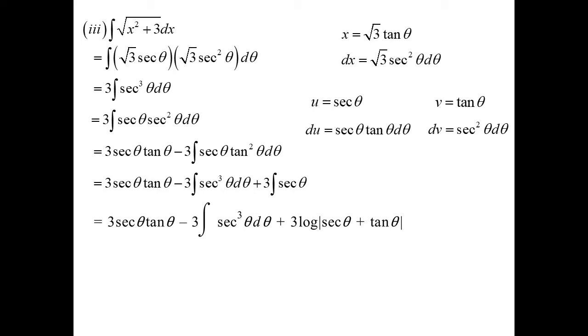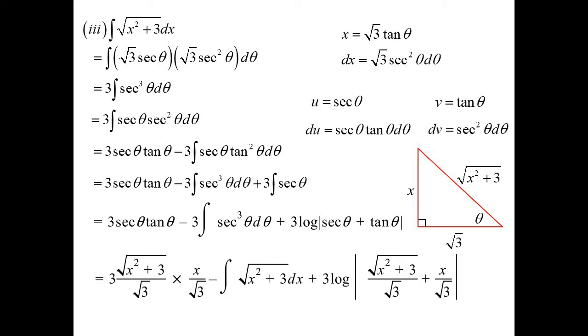Now I'm going to substitute back in. Draw up the triangle. Hypotenuse. Oh, look, it's the square root. Okay, we can substitute back in now, but have a look at what I've done. This is where we've got to be careful. 3 sec cubed theta, there it is, the third line, is equal to the integral of the square root of x squared plus 3. So I can sub in the integral of the square root of x squared plus 3 for that 3 sec cubed theta.